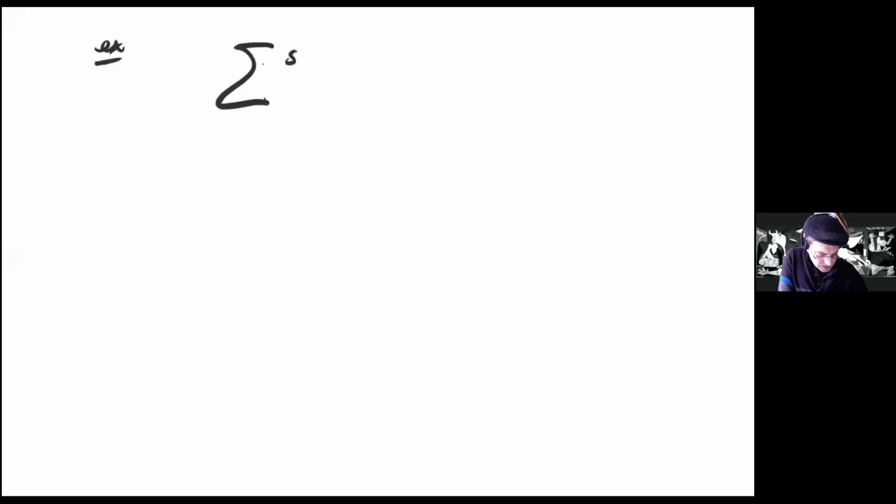Okay, so summation sine 2n. This is a weird series, sine 2n over 1 plus 2 to the n. Now this series is not a series of positive terms. Let's say n goes from 1 to infinity.